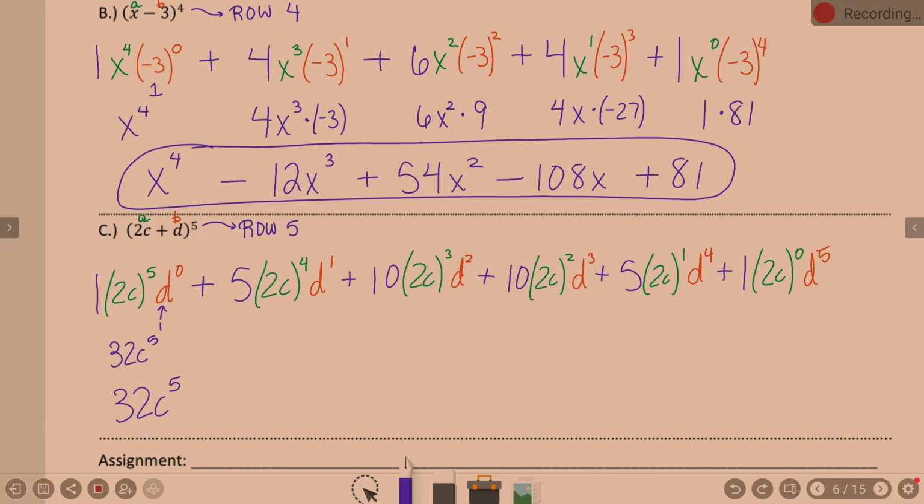Okay, next term. 5 is 5. What about 2c to the 4th? 16. So we're going to have 5 times 16c to the 4th times d. 5 times 16 is 80. So this is going to be plus 80c to the 4th d.